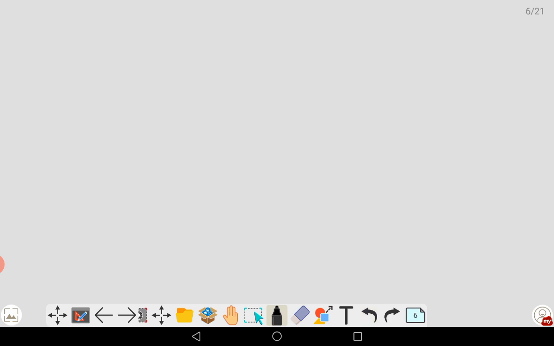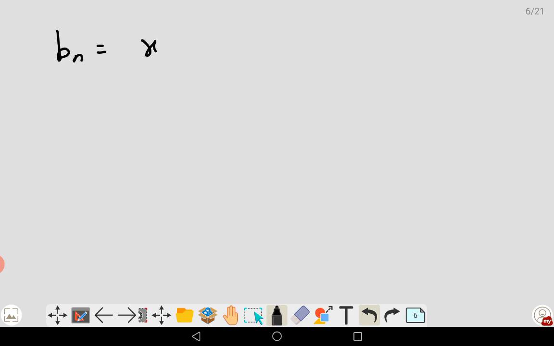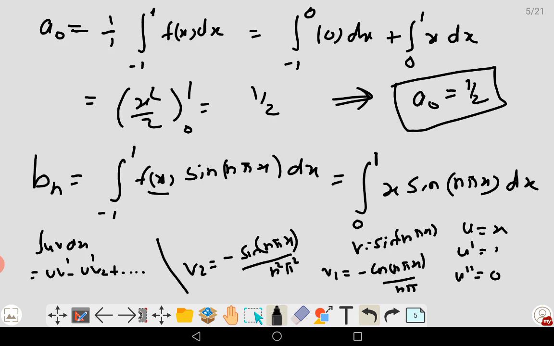So substitute them in bn. So bn is, what is u, what is v1? U is x, v1 is negative cosine n pi x over n pi, the limit is from 0 to 1.